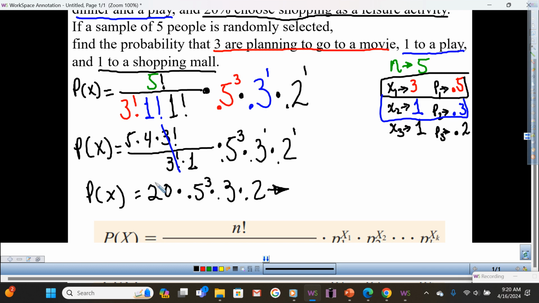All right, looks like Dylan's got it. What'd you get, Dylan? 0.15. That is correct. Let's write this in percent, since we started with percent. So what is the percent of these 5 people going, 3 to the movie, 1 to play, and 1 to the shopping? It's 15% probability.